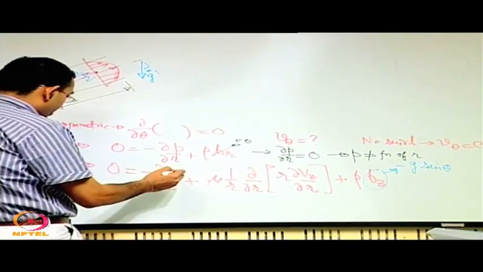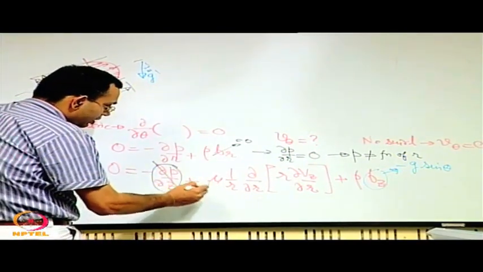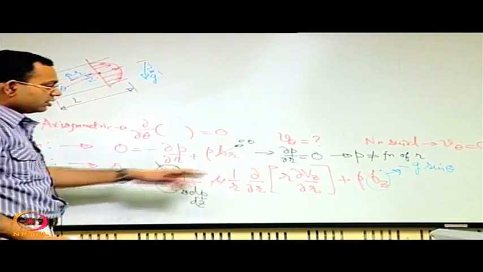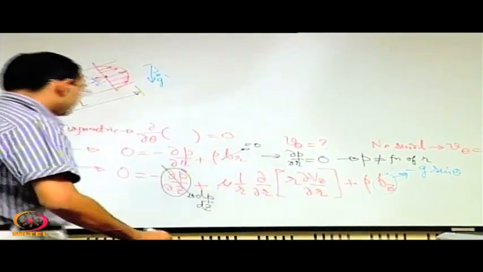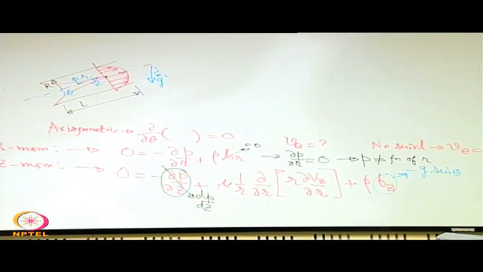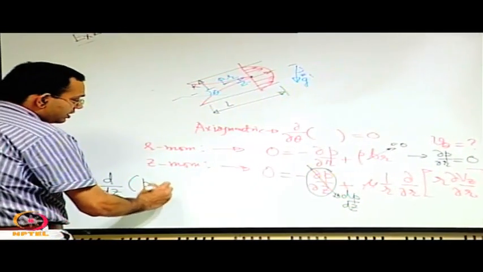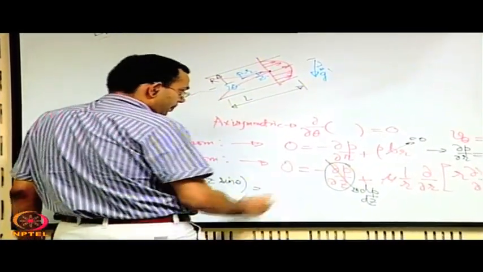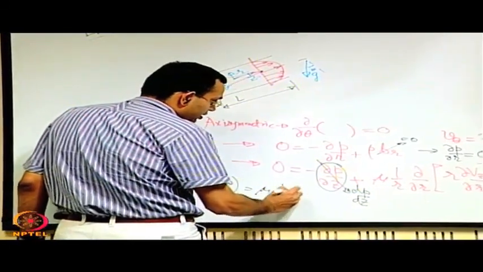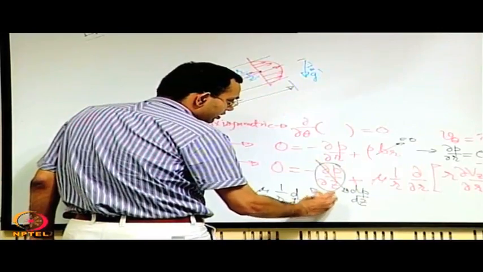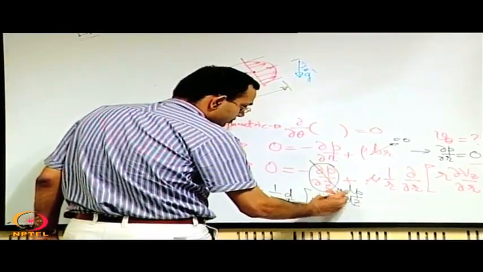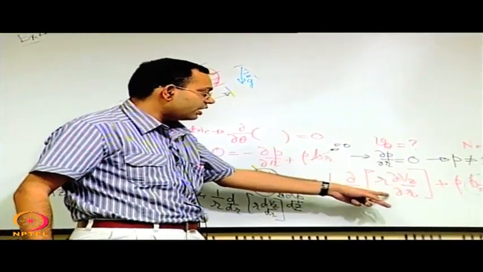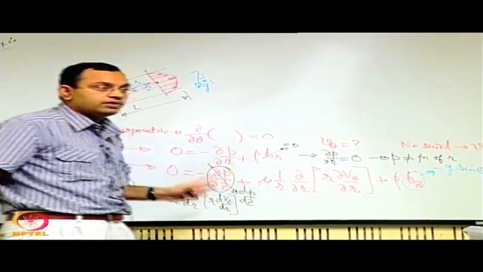So when you come to the Z momentum equation, you can write this as dP dZ, and you may combine that term with the body force term to have d dz of P plus rho gz sin theta is equal to mu into 1 by R d dr of R dvz dr. Because Vz is a function of R only, that we showed in the last class, it boils down to an ordinary derivative.